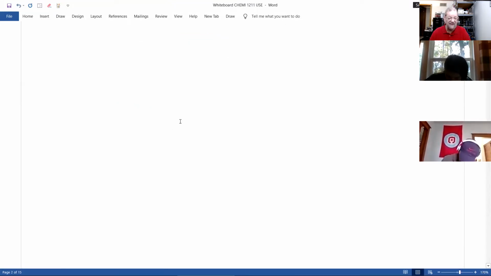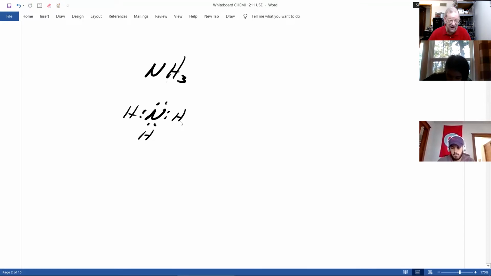In case you forgot, ammonia is this structure or compound. And let's look at something I haven't done this whole semester. If we look at the Lewis structure of ammonia, each pair of dots represents a single bond.